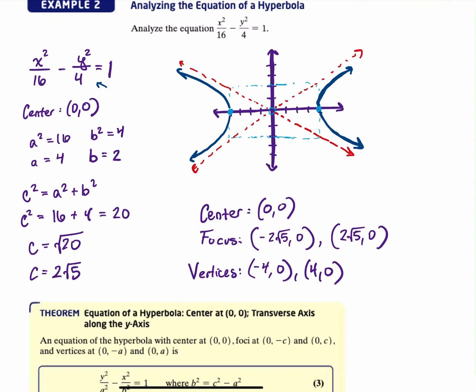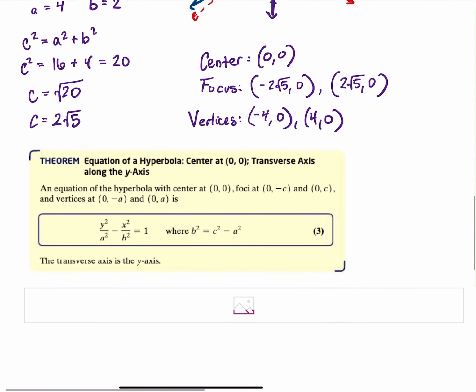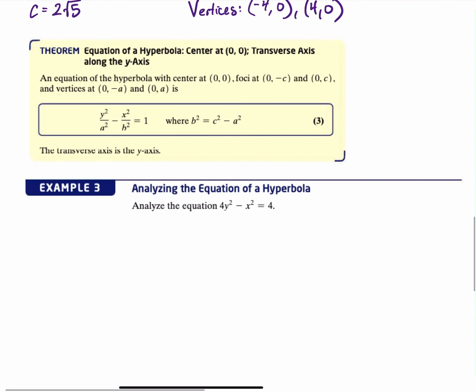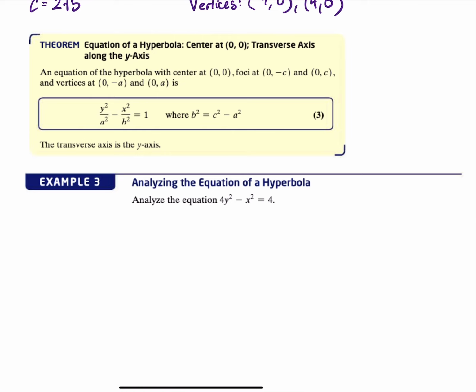So let's see our alternative orientation. So this is the equation of a hyperbola still centered at the origin, but the transverse axis is along the y-axis. That means that it's opening upward and downward.